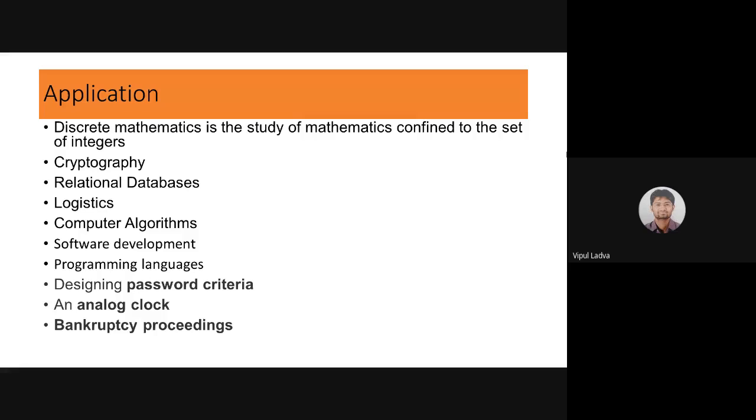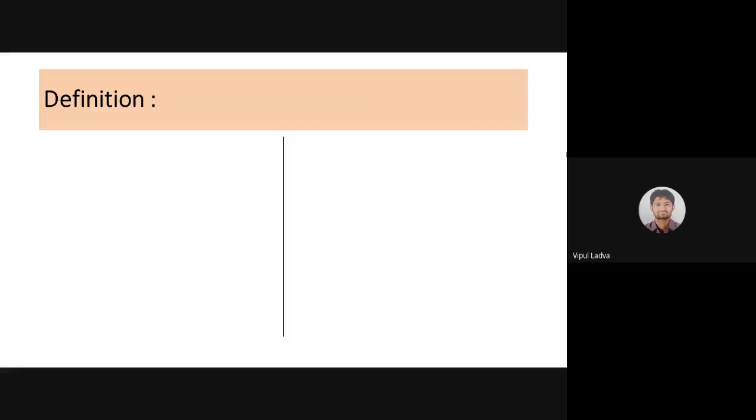When we are setting a password for an application or a document, that is how we can design the password criteria. Analog clock. That's it. All these are applications of the first unit that we will be learning step by step. Okay. So let's begin with the first definition.